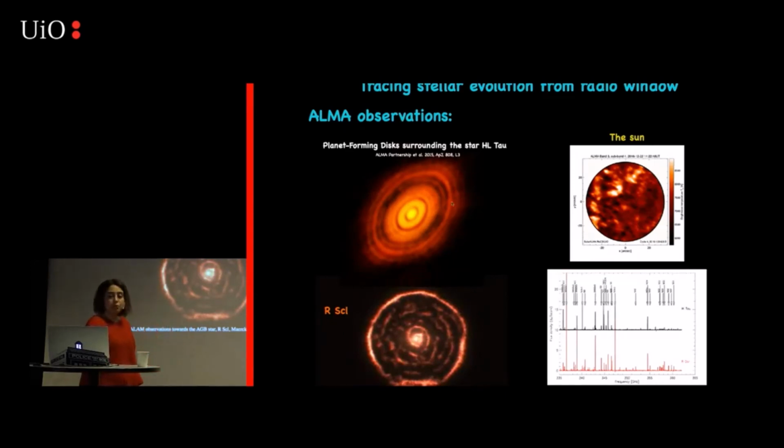In addition to imaging the stars, we can also observe different molecular components around cool stars. Here you see spectroscopic observations of two red giants again.